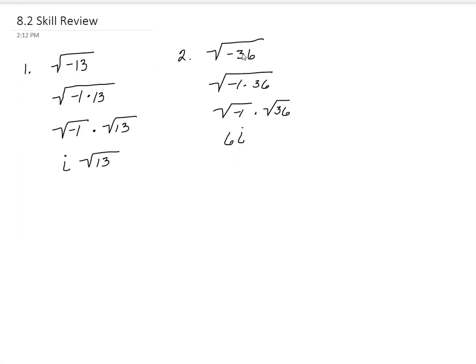If what you have under the radical sign is a perfect square, ignoring the negative, then you can just stick this into your calculator and get your answer as long as your calculator is in the real number mode. If you cannot stick square root of 13 into your calculator and get an integer answer, you're not going to be able to stick in square root of negative 13.